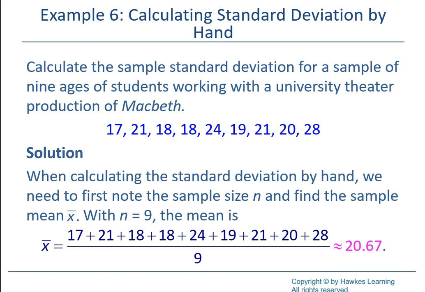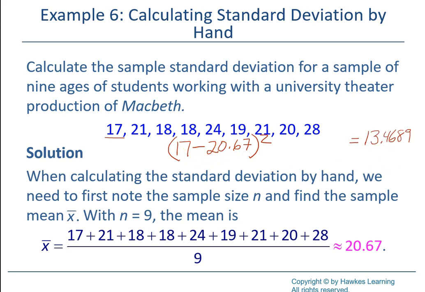Now, let's just do one together here so we see where this data comes from. So our item of data is 17, let's say. So we have 17 minus our mean, which is going to be 20.67, that we're then going to square. All right, let me put that into my calculator and we'll get back.